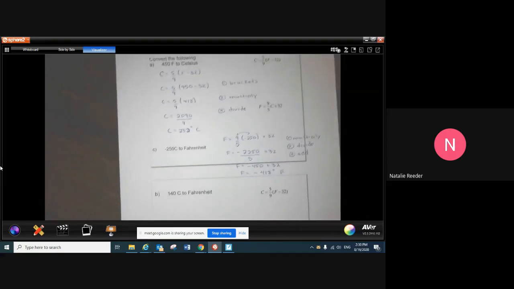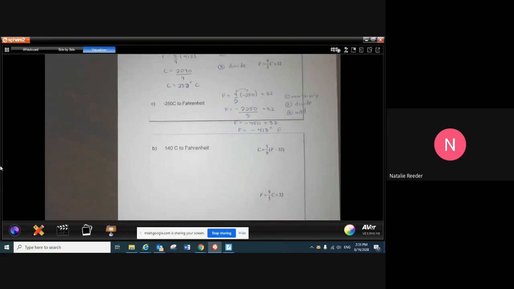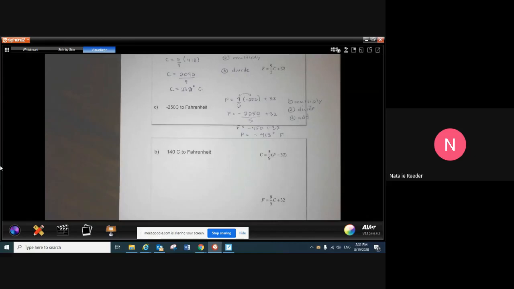So now that I've shown you that, I'm going to go a little quicker on these next ones. So this next example is 140 degrees Celsius to Fahrenheit. So Fahrenheit, again, is our unknown. So we need to take this formula from the bottom. So Fahrenheit is equal to 9 over 5 times my degree in Celsius, which is 140, plus 32.